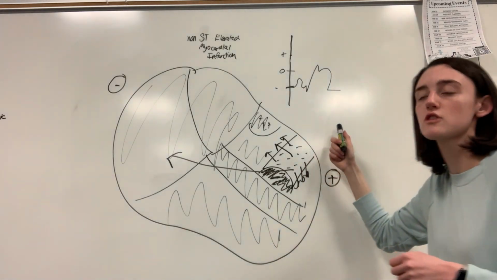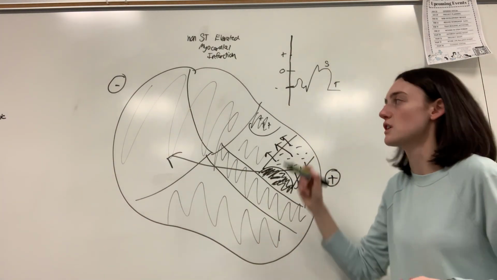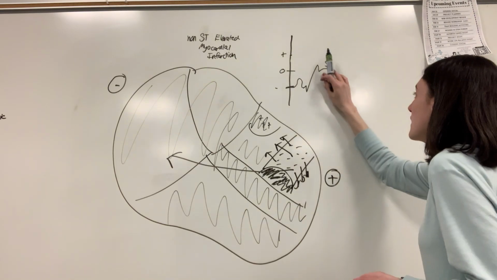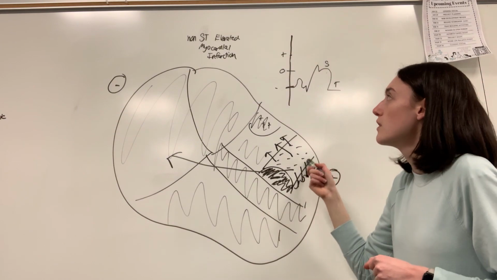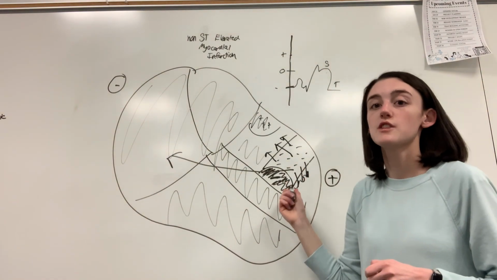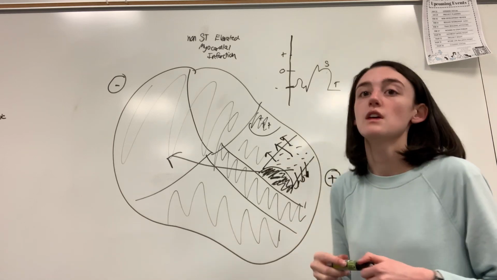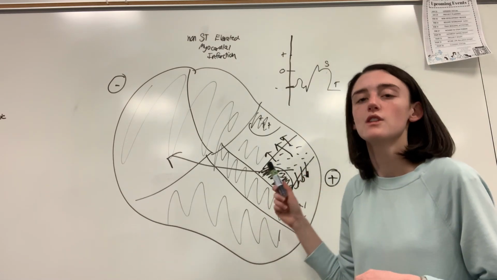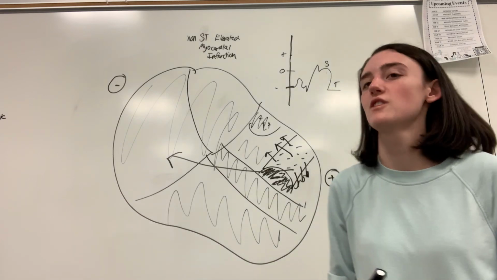And so it's going to look something like this. And we call this ST elevation because our S wave is a lot higher than our T wave. But STEMI is extremely life-threatening compared to non-STEMI, and inevitably this could lead to patient's death. And that will conclude my discussion on EKGs.